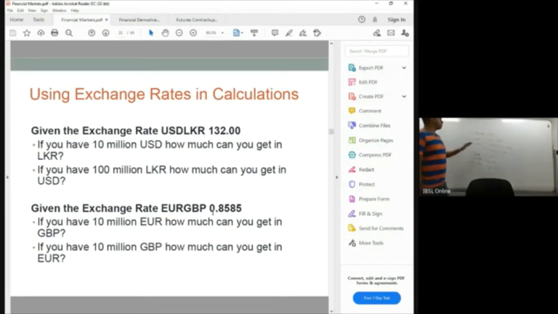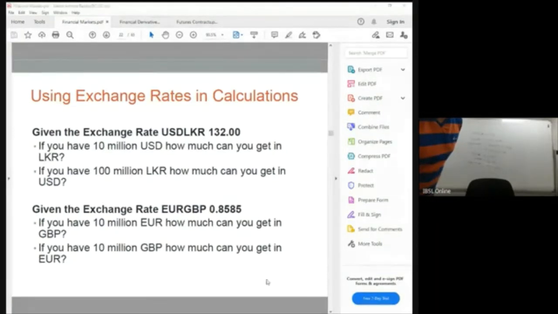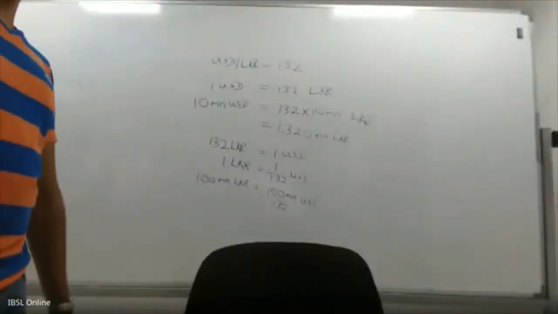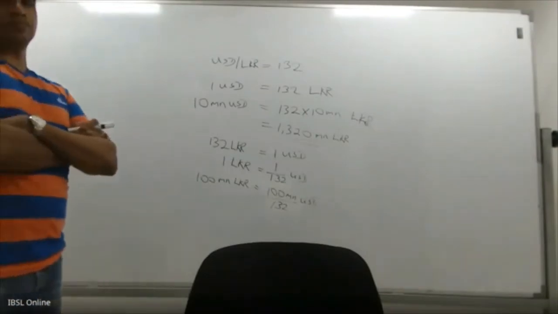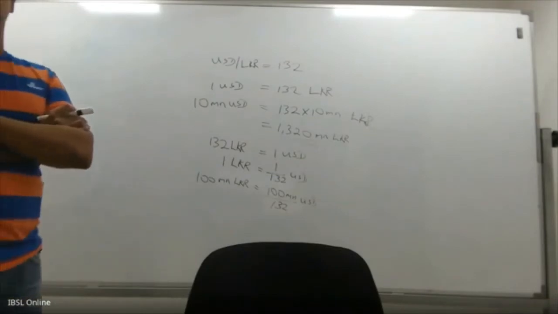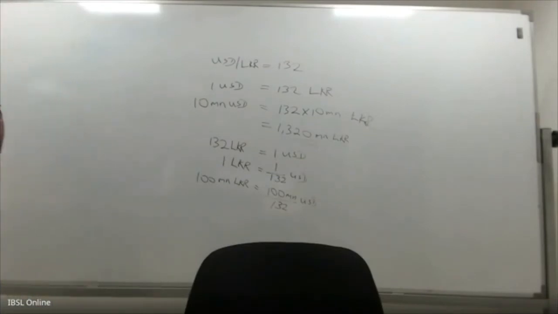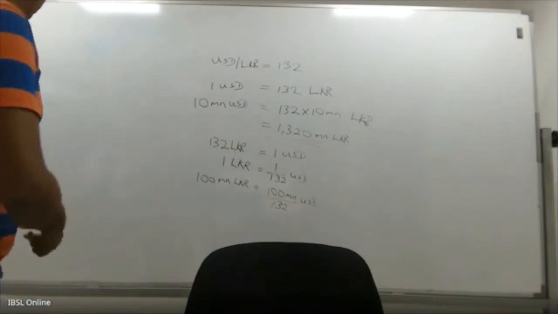So you will notice that $10 million will give you more than 10 million rupees because the base currency is strong. Then 100 million rupees will come to less than $100 million again because the base currency is strong. Yeah. Any questions on the calculations? No questions. Let's move on to the second one.